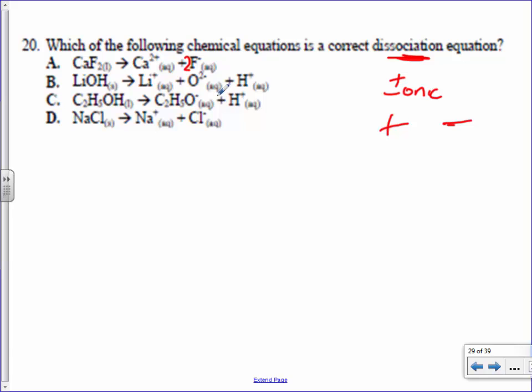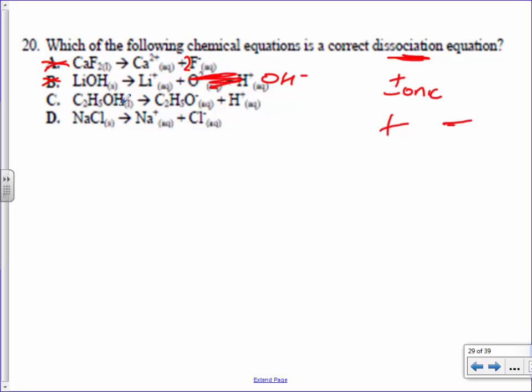So that's why A is not right. B does get split up into positives and negatives, but it gets split up into a couple of positives and a negative. That doesn't really fit. This guy right here should have been an OH minus. Then you have a cation and an anion, so that's why B is out.